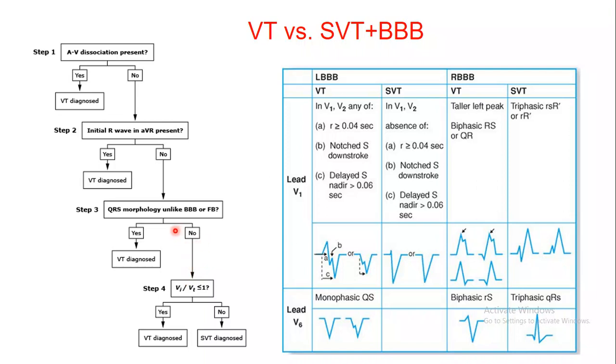If it does not look like a bundle branch block that we explained before, it is most likely VT. Then we have other multiple points, but for the sake of time and being at the beginning of ECG reading, consider any wide complex tachycardia, especially in an old male or ischemic patient, VT until proved otherwise.